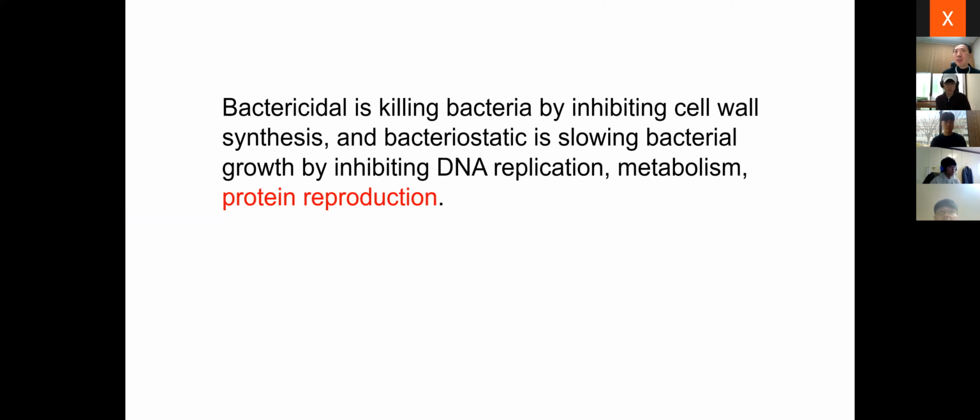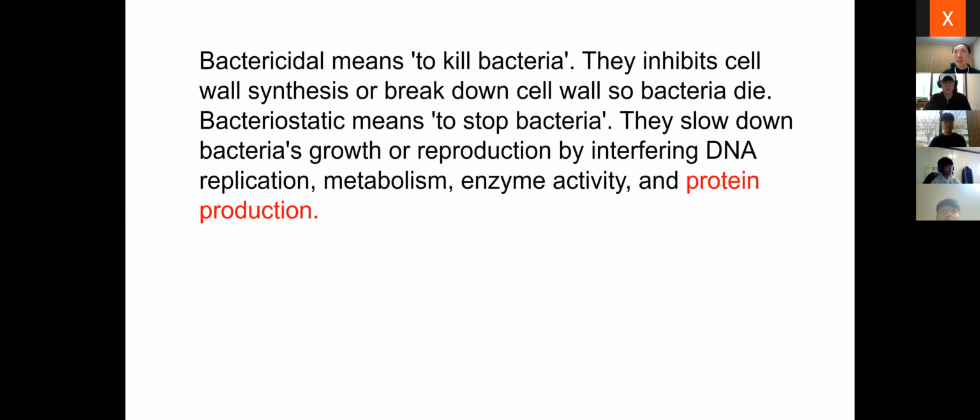So here's just a summary: this is bactericidal for cell wall, and bacteriostatic for DNA replication blocking, metabolism, protein reproduction. I have a little problem with this word, reproduction. Can you change this word into a different word? Reproduction means I have my own body and I make my own copy. That's reproduction, right? Protein is not making itself. Protein should be made indirectly. So this should be just protein production, okay?